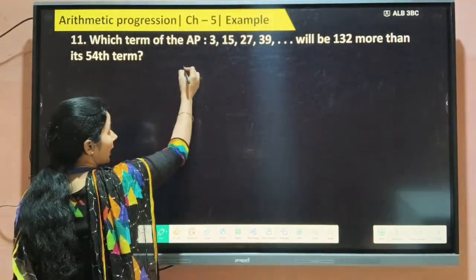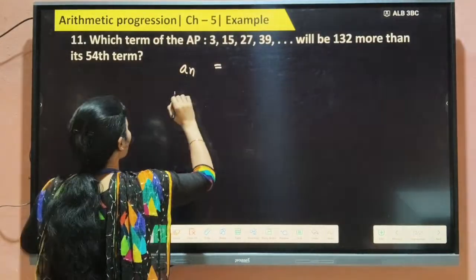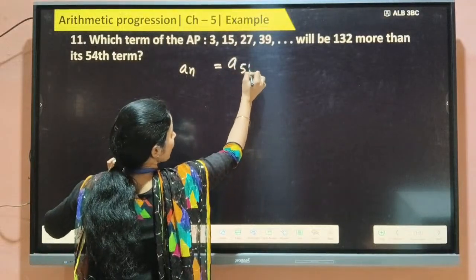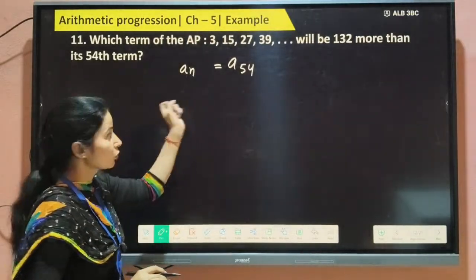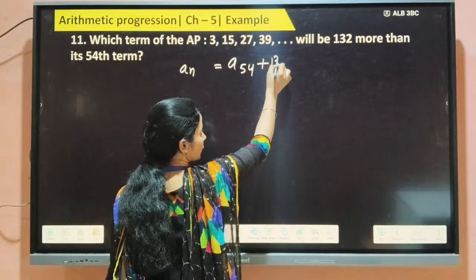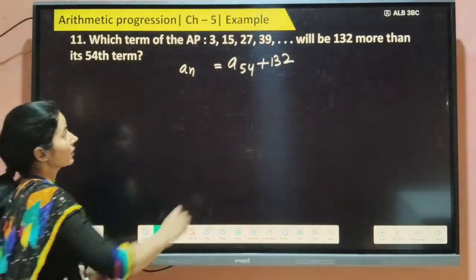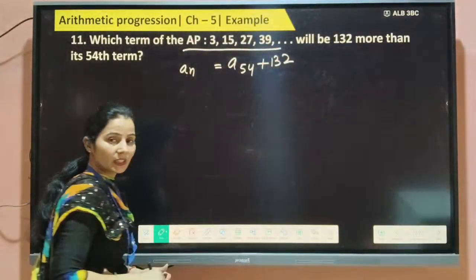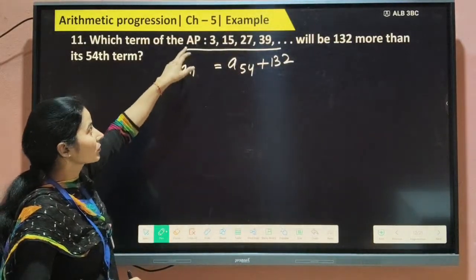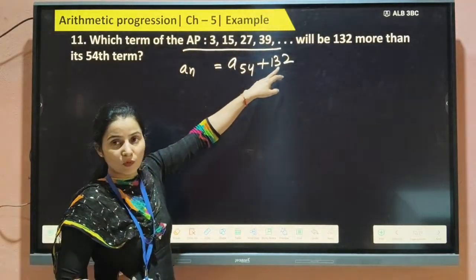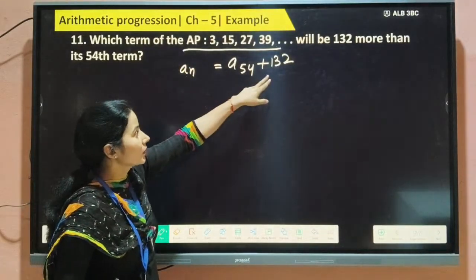Let us consider the nth term of this AP is 132 more than its 54th term. This term is already 132 more, so to make them equal, I need to add 132 to the 54th term.